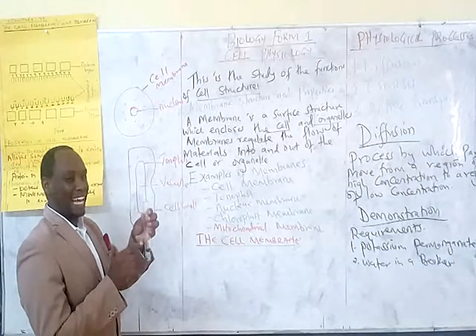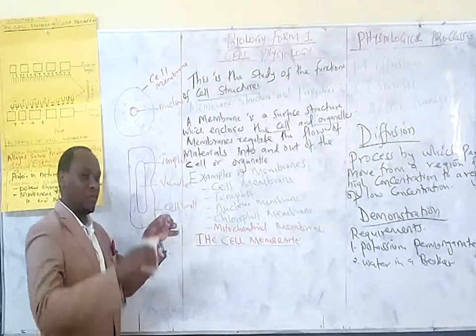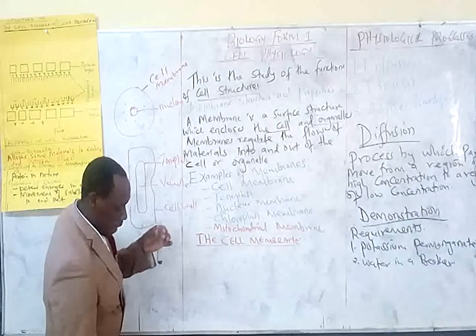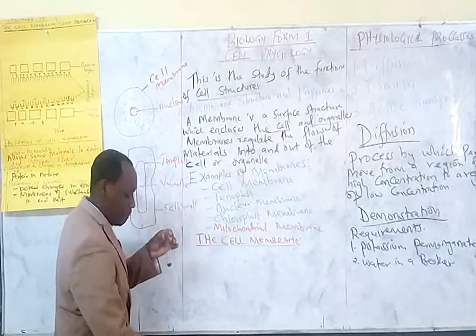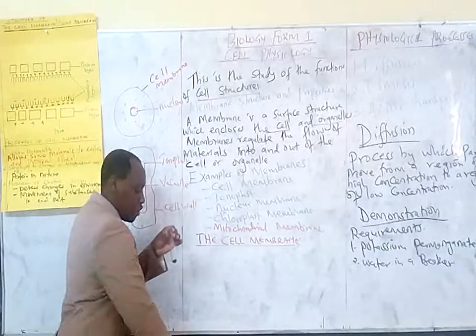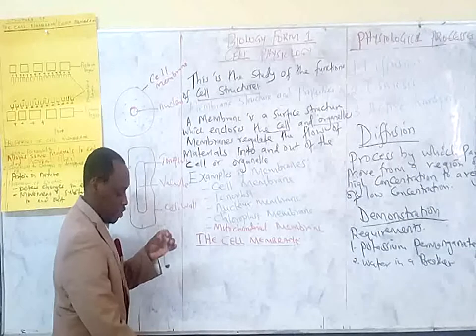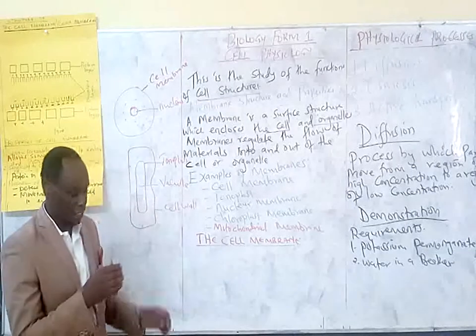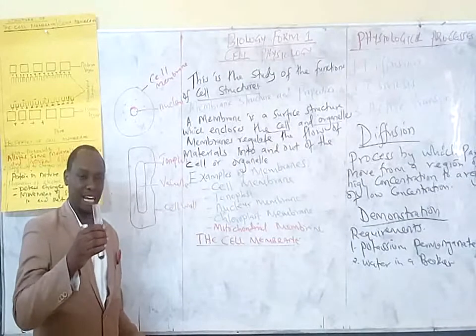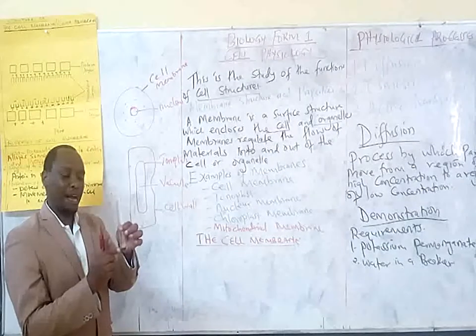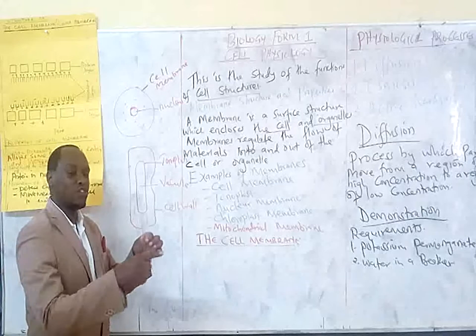I have some clean water here. When I mix the potassium permanganate with water, the purple color, that means the particles of potassium permanganate, will spread throughout the water.